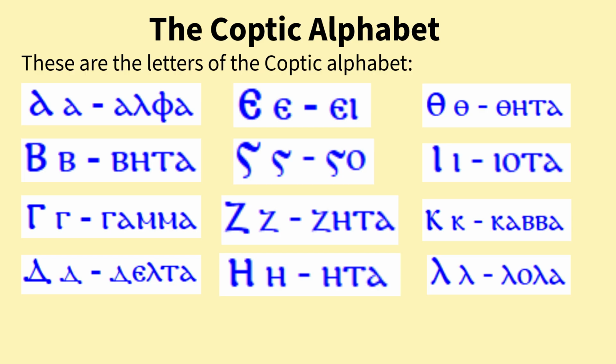And just to go through them in a quick way, to let you hear the rhythm of the letters: Alba, wada, gamma, dalda, so, sau, zada, ada, tada, yoda, kabwa, lola.